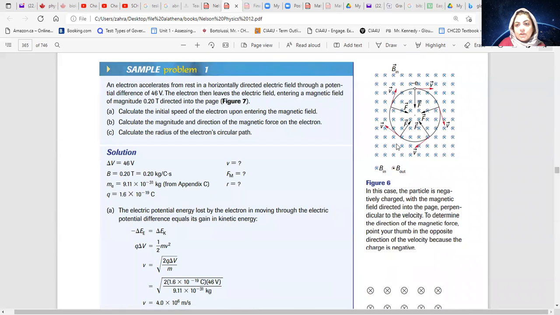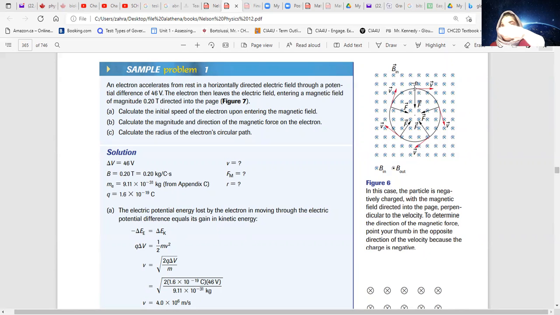Here is a question that will help you. Here is the electron. The direction of the magnetic field is into the page, right? But since it's an electron, you have to use your left hand. Forefinger into the direction of the magnetic field, into the page.